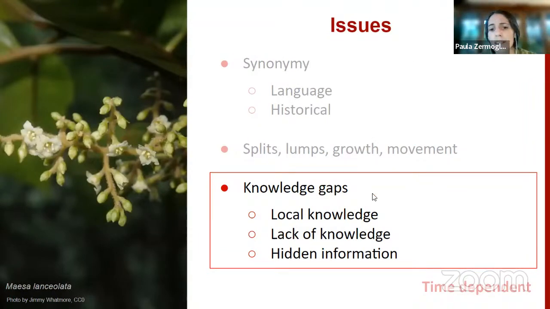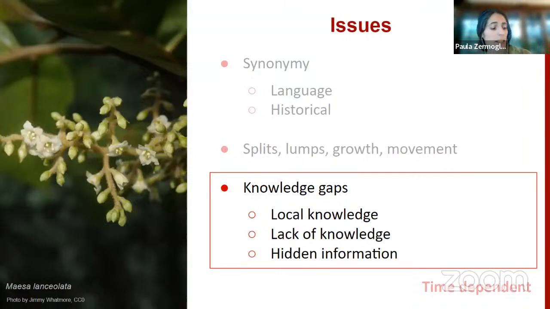Now, the last thing are knowledge gaps, and this touches difficult topics, topics that include education, politics, economics. I'm not going to go into those very deeply, but I'm going to mention that they exist.